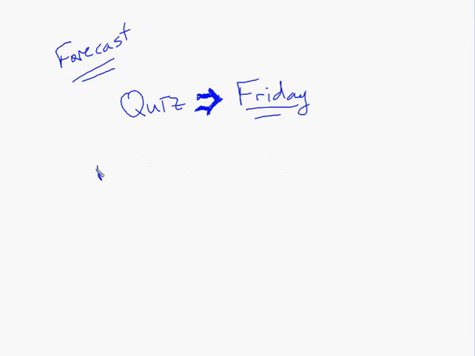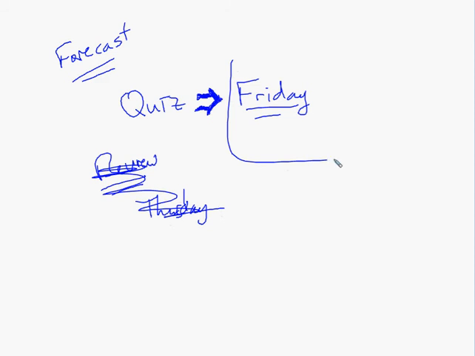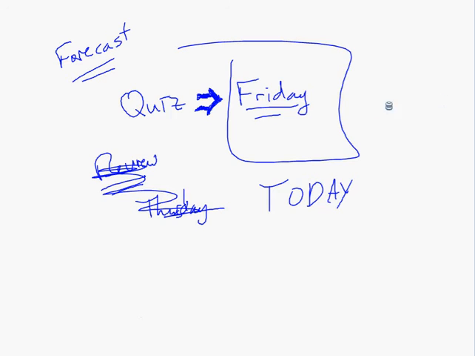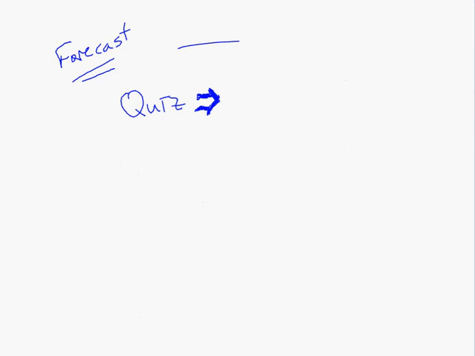We are going to review and finish probability tomorrow. Tomorrow is Friday. All right, quiz tomorrow. So you must do your quiz today. Do we have class Monday? All right, so let's change all that. Quiz Monday.